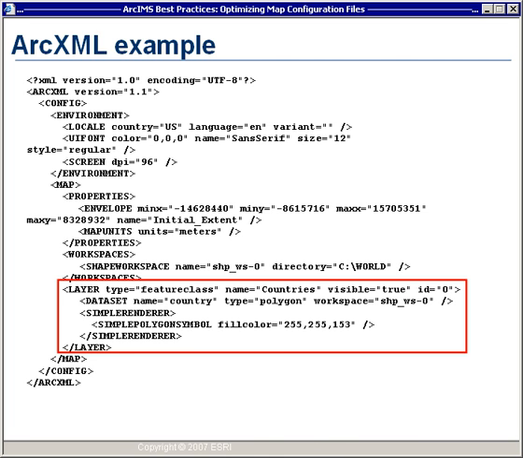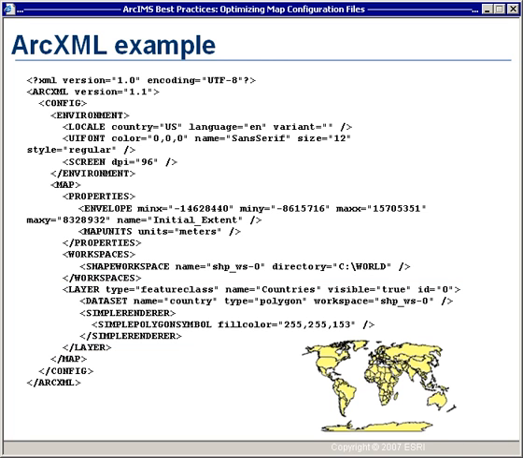The layer has a reference to the data location in dataset and includes the symbology. In this case, we have a countries layer, which is made up of polygons. A simple renderer is used, so each polygon will be rendered the same way. When you save the Axl file to the spatial server and make a request to the resulting service, you get something that looks like this map.